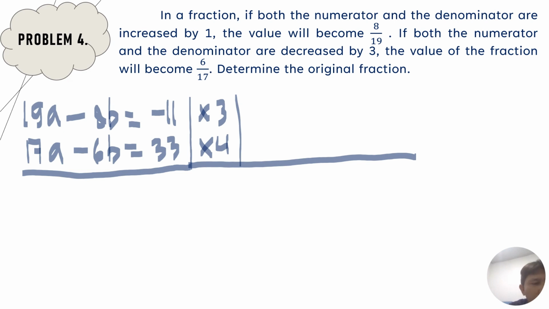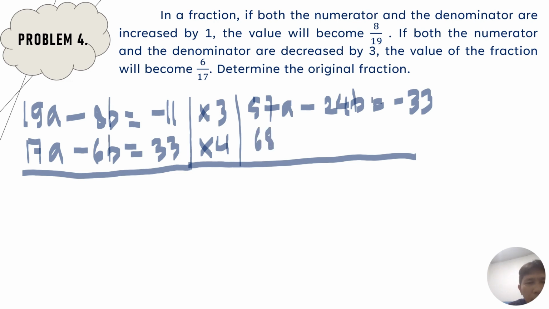So here we have 57A minus 24B equals minus 33, and here we have 68A minus 24B equals 132.